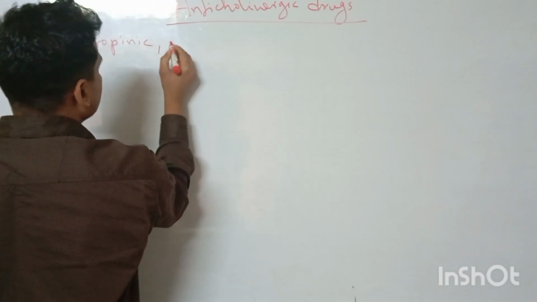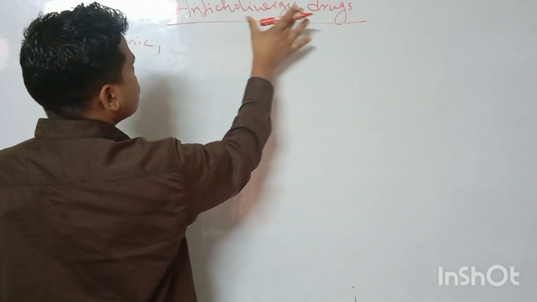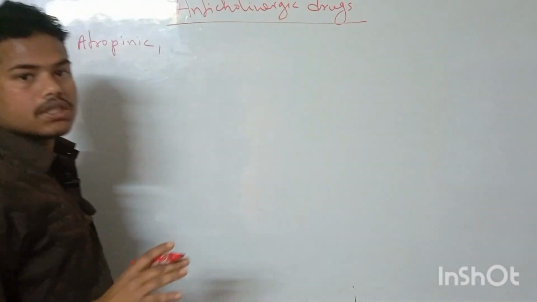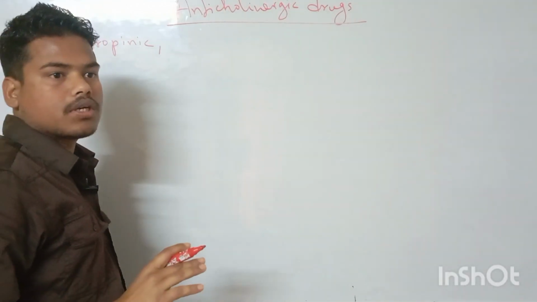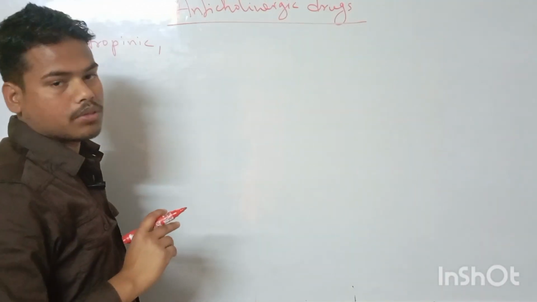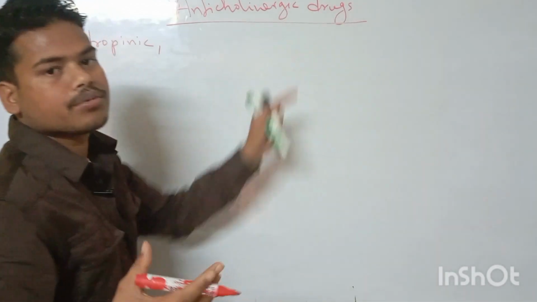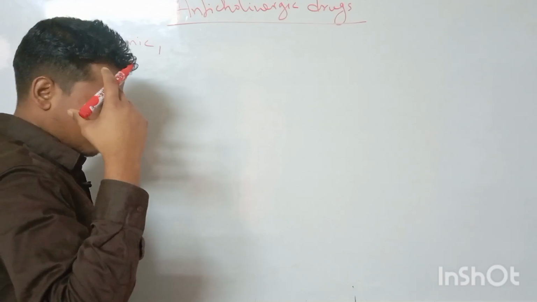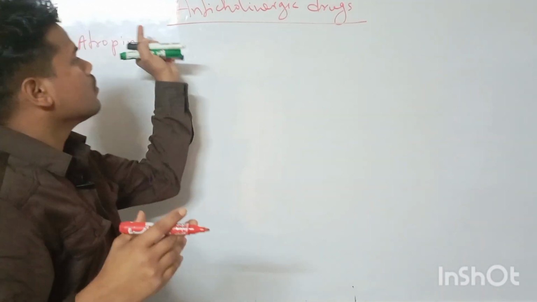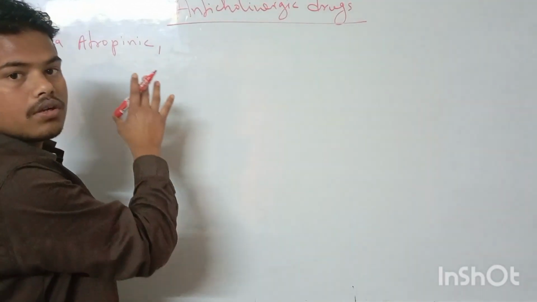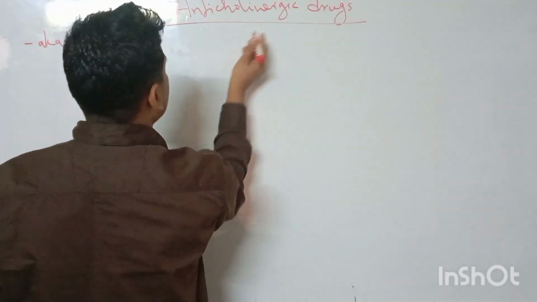These drugs will basically act on the muscarinic receptor and block those receptors. Although these drugs may have some anti-nicotinic action too, the main action will be of anti-muscarinic type.